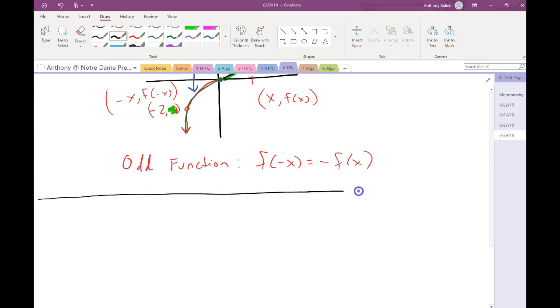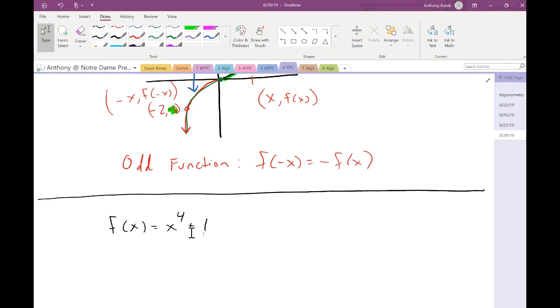So if I'm given the function, say x to the 4th plus 1, and I want to determine whether this is odd or even, I can do a couple of things. The first most obvious thing I could do is to graph it on my calculator and look at the picture, right?